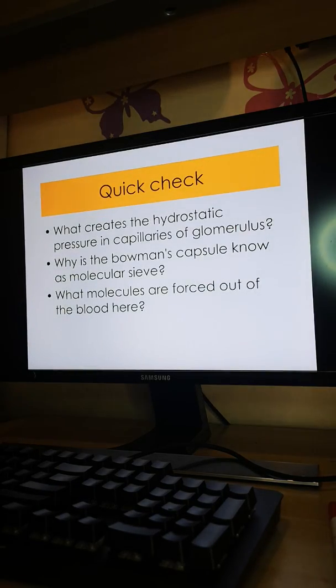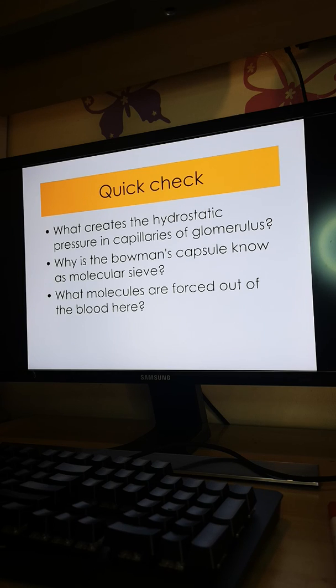And what molecules are forced out here? Well, luckily, urea, because it's very small and we want to get rid of it from the body, it's toxic. But then, unfortunately, everything else about the same size is going to get lost into the filtrate. So that means we're forcing things out like glucose, amino acids, ions, and of course urea.